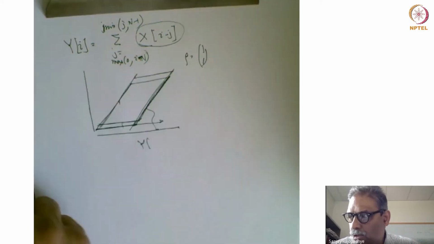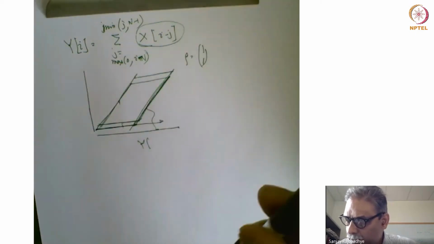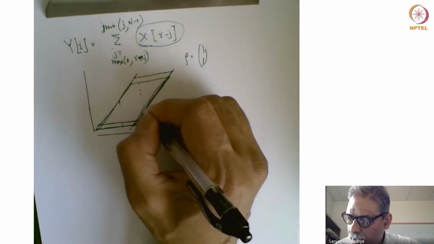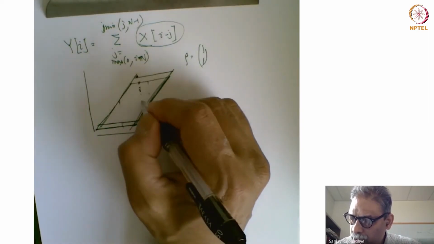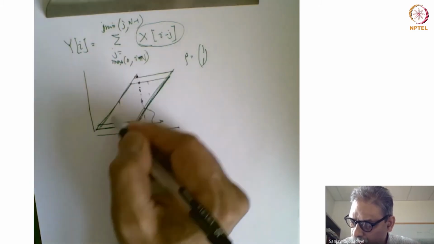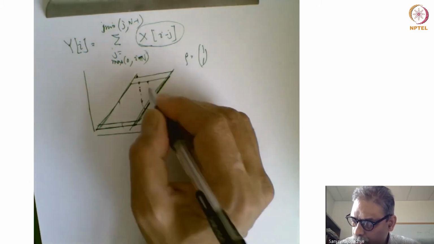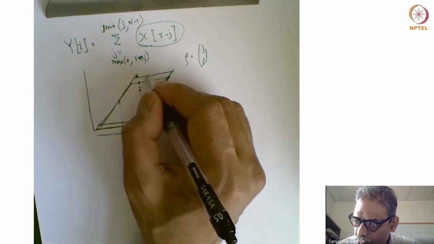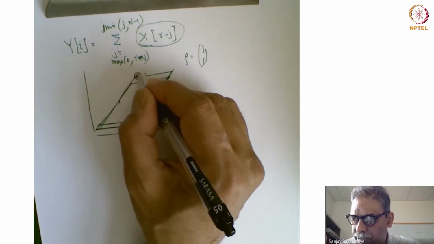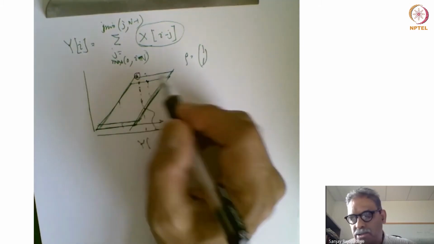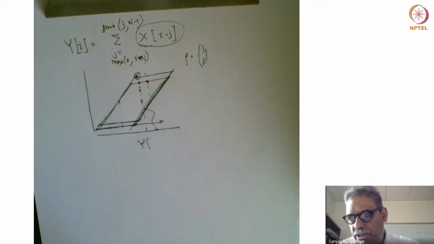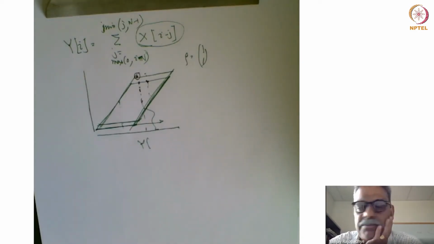If I look at one column to the next, take this column and take the next column, okay? This column is the accumulation of all these values, and this is the accumulation of all these values. So here is a value that occurs on the left, but does not appear on the right, in the column on the right. When I shift, this is a point that is to be removed. It does not contribute anymore to the answer, right?